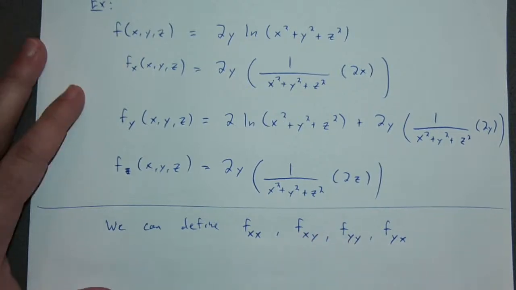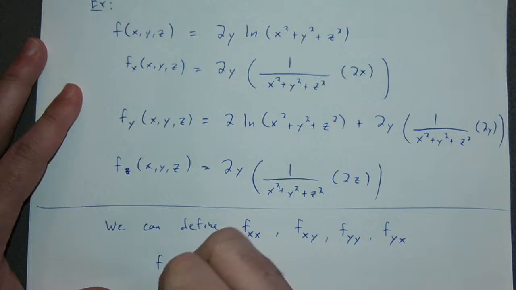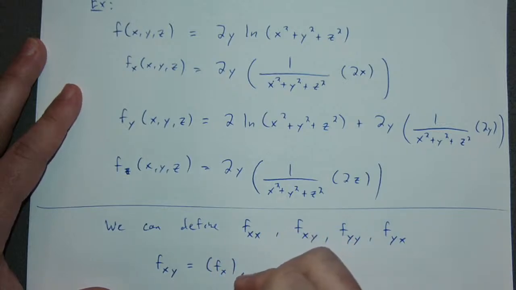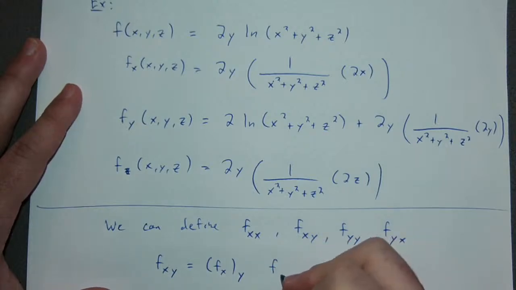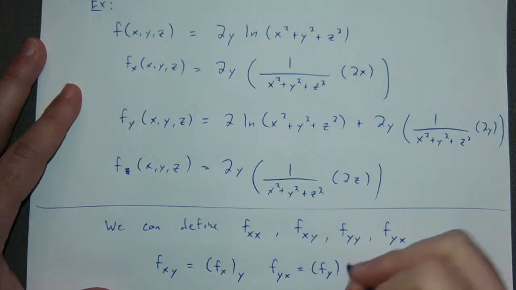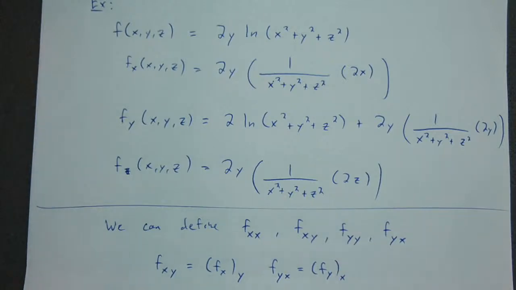So I'm going to define them this way. What is f sub xy? It is the y partial of f sub x. And f sub yx is going to be the x partial of f sub y.